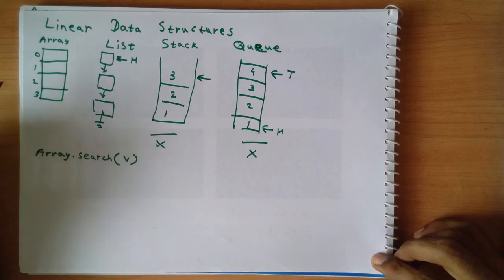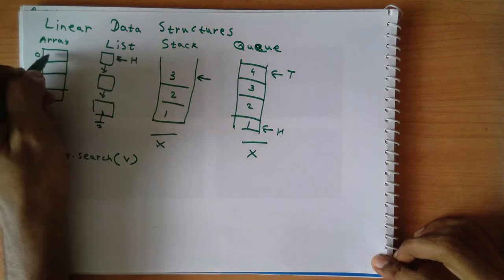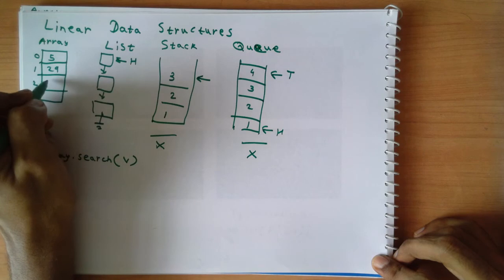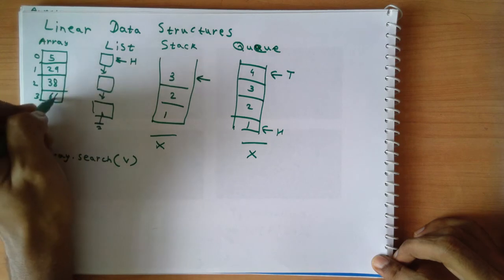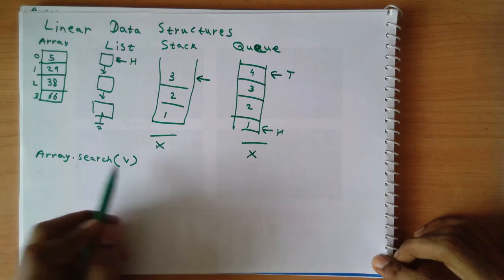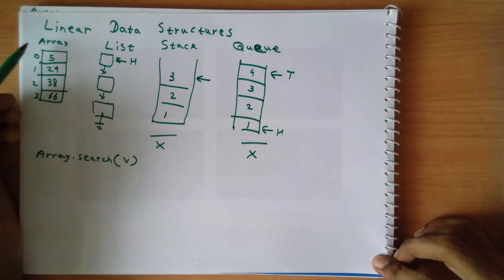For example, in this array, let's say I have values 5, 29, 38, 66, and I search for value 38, then the result is going to be 2, because 38 is stored at index 2 in my array.